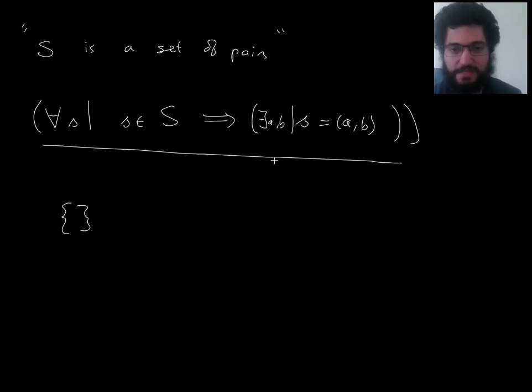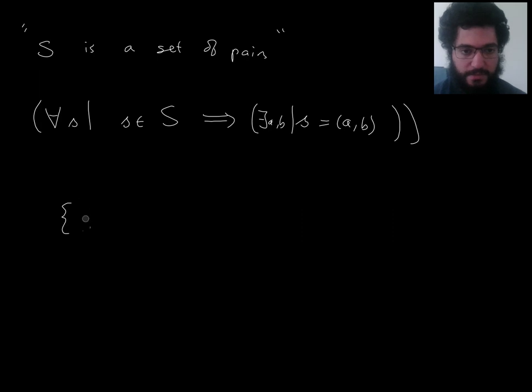Every element of the empty set is a pair because it has no elements. So this implication is always true for the empty set because the hypothesis is always false. If you put the empty set in place of capital S here, then this is just true because the hypothesis is false. Another way to put it is, indeed, none of the elements of the empty set are pairs.